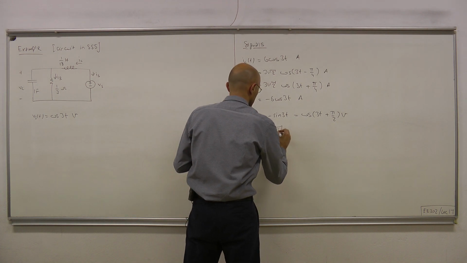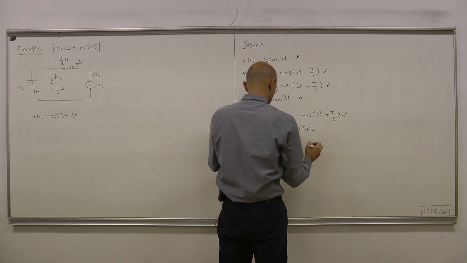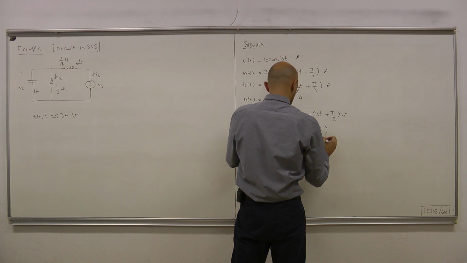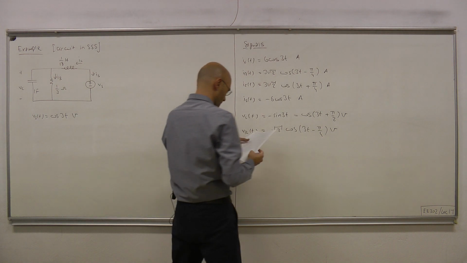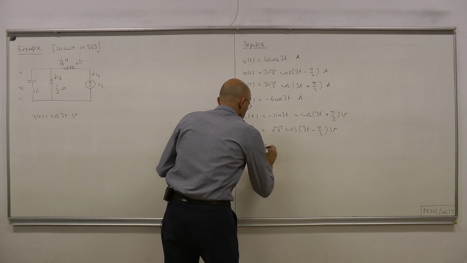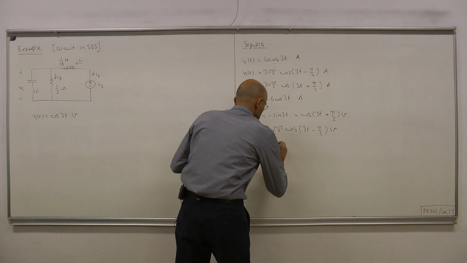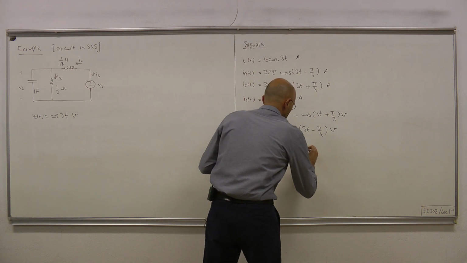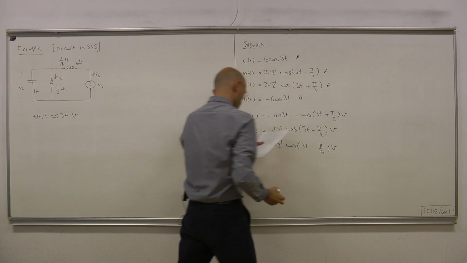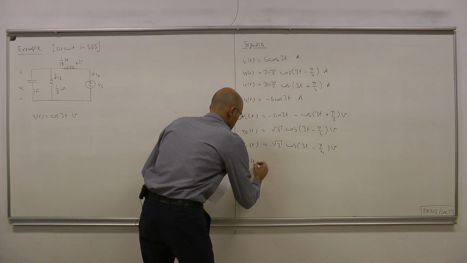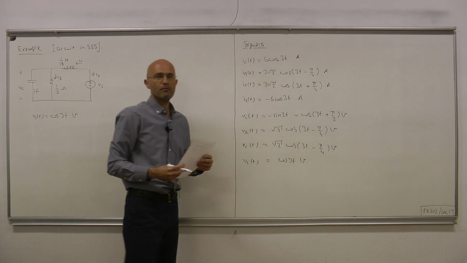VR of t is square root of 2 cosine of 3t minus pi over 4 volts. VC of t is the same as VR of t, since they are parallel components: square root of 2 cosine of 3t minus pi over 4 volts. And finally the input is cosine 3t volts.